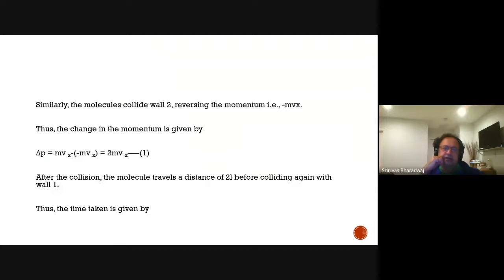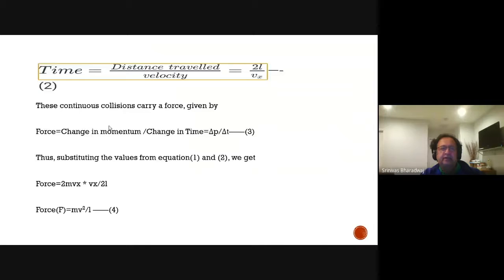After the collision, it travels a distance of 2l before colliding again, right? So the time it takes is the distance traveled, 2l, divided by the velocity. Now the force is the change in momentum divided by the change in time, right?